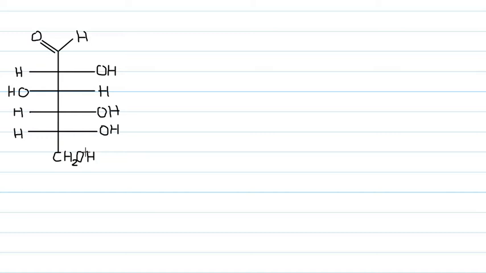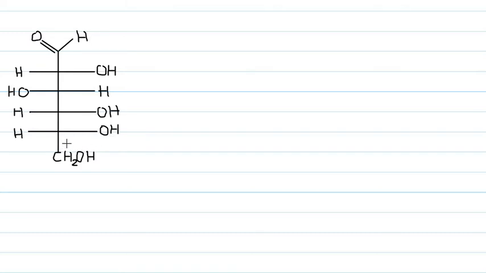Why is it known as D-glucose? Because the first asymmetric carbon from the bottom, this one, has the OH group on the right hand side in comparison with D-glyceraldehyde. So this is D-glucose. Okay.